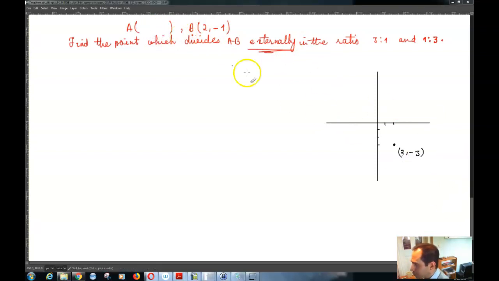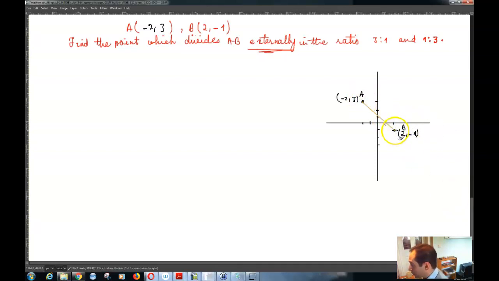It's supposed to be negative 2 comma 3. So the point is negative 2 comma 3, which is point A, and there is another point, 2 comma negative 1, which is this point over here.